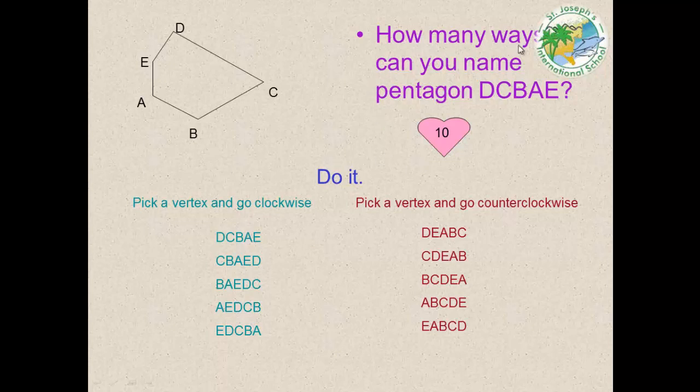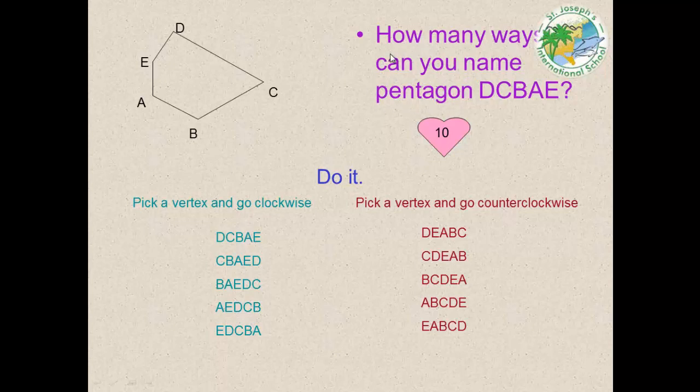How many ways can you name the pentagon? Sorry, do you remember how many sides are in the pentagon?